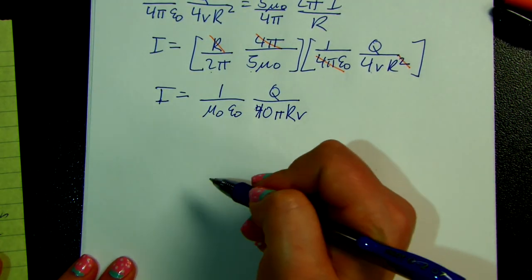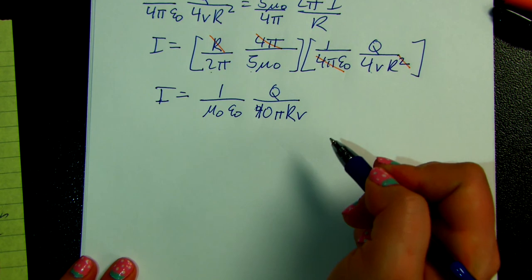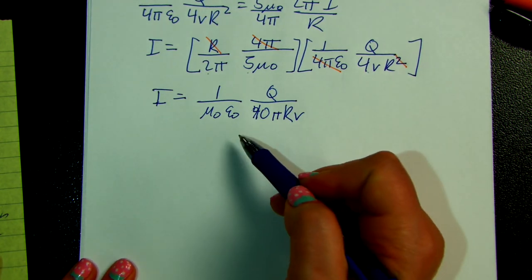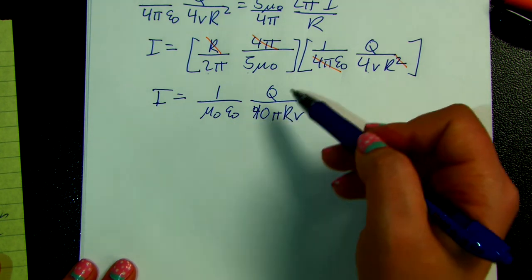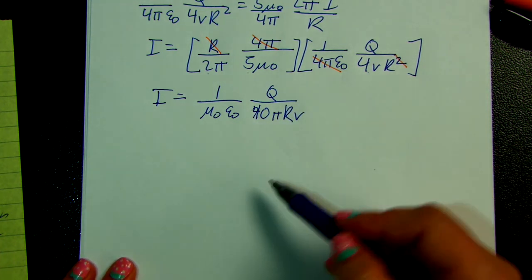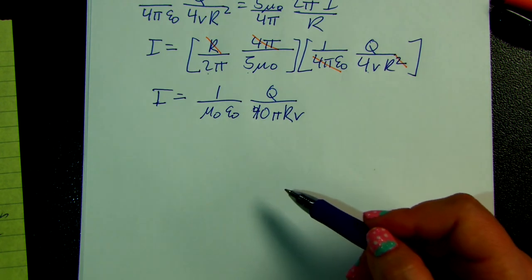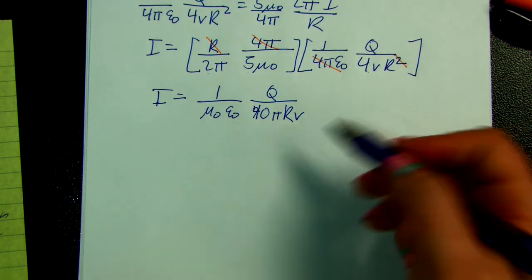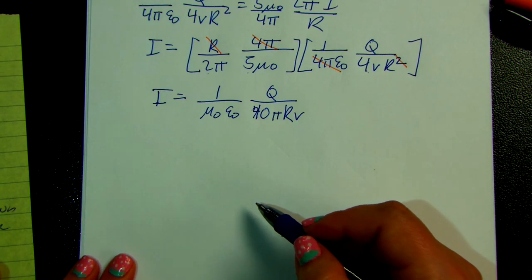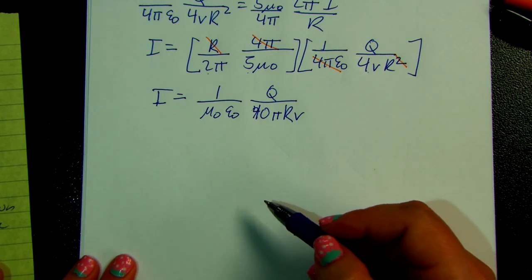At this point, we now have an expression for current in terms of all things we know. Mu naught and epsilon naught are both constants that we're familiar with. Q was given at the beginning of the problem. Pi, everybody better know what pi is. By the way, happy belated Pi Day. The radius was given, and we've got the velocity.